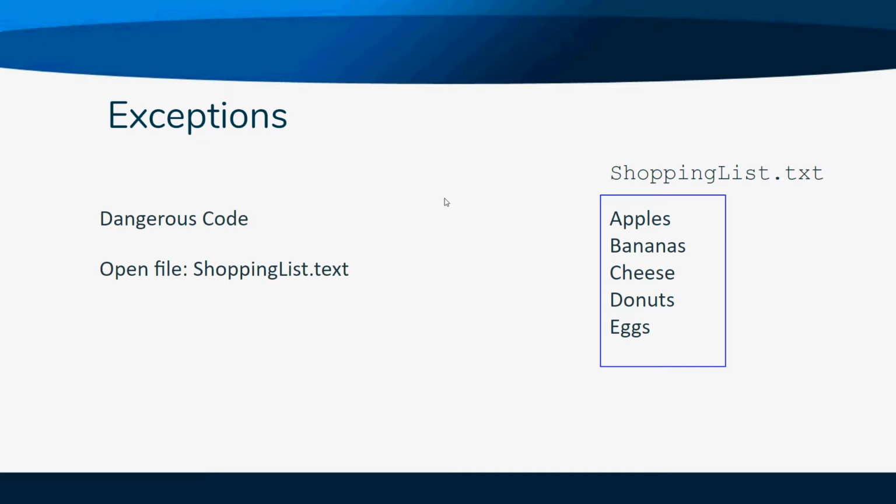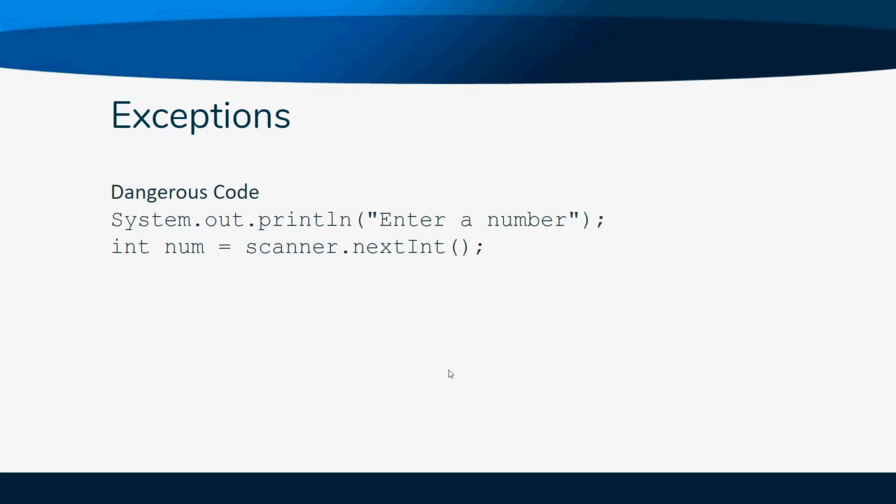However, this would cause your program to crash if you tried to open a file that didn't exist. And so we would have some sort of exception. This particular exception is called a FileNotFoundException because it can't find the particular file it's looking for. Now there's other types of exceptions.